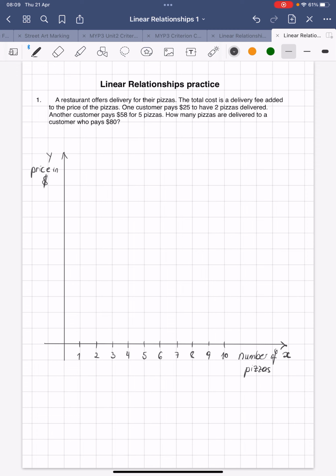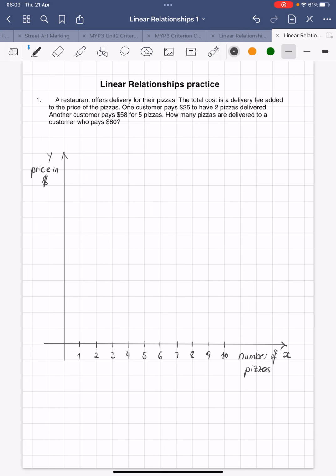And then we need to think of how are we going to label the y-axis. So what are our prices that they pay? It says here they paid $25 for 2 pizzas and $58 for 5 pizzas. And we also have an amount of $80 here that also needs to fit on this line.